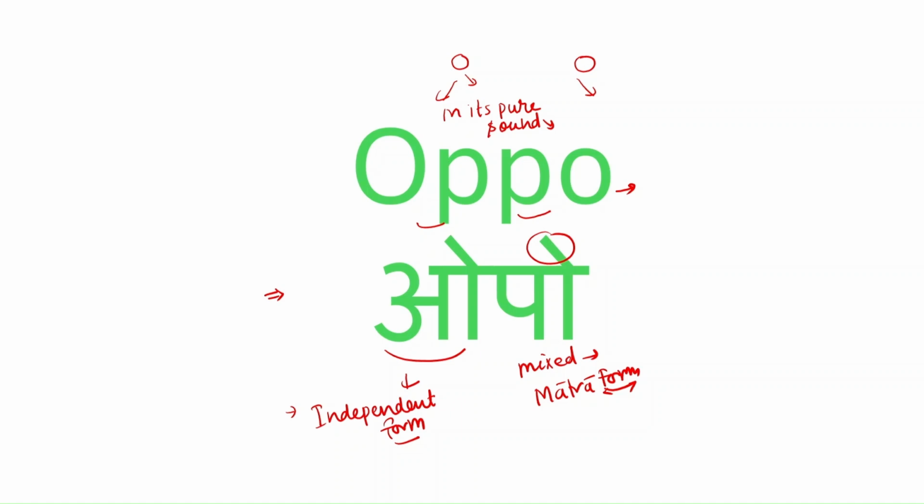So why is a matra used? Because we wanted to save some space. With a consonant, we just use the symbol of a vowel. We do not use the vowel completely, and that means the matra form is used.